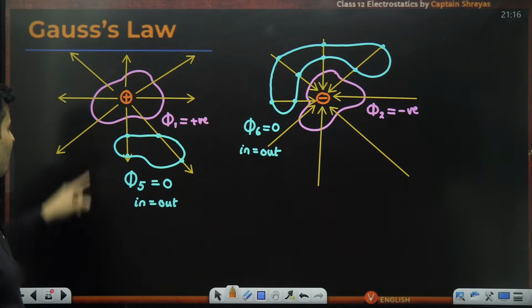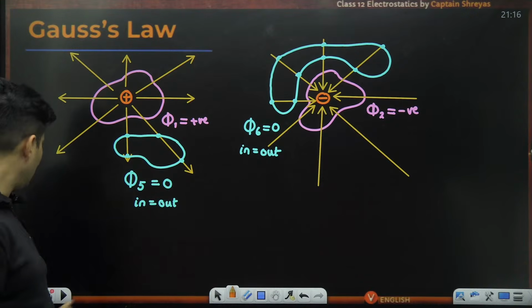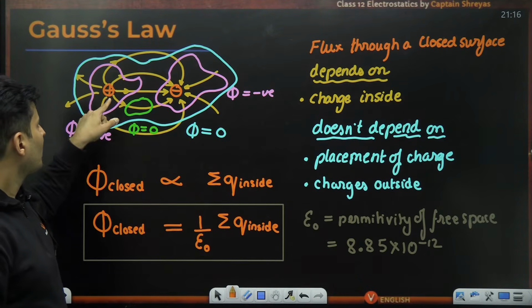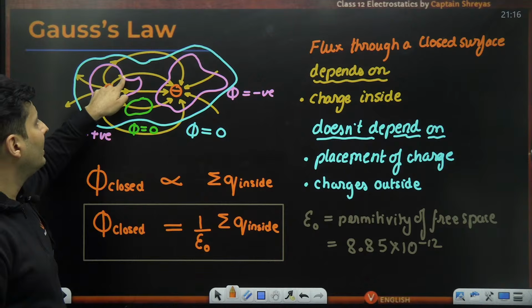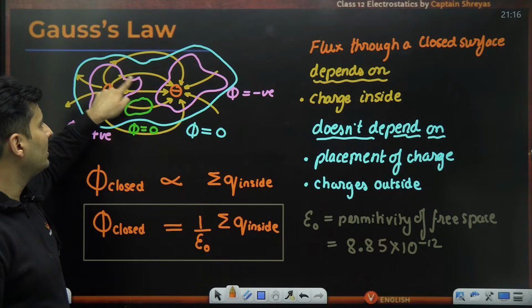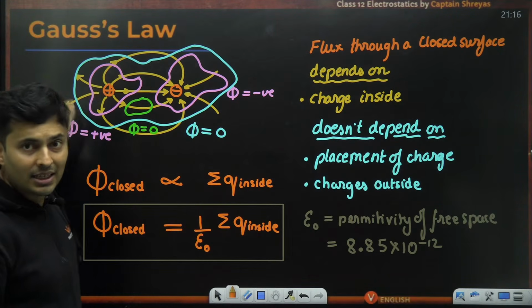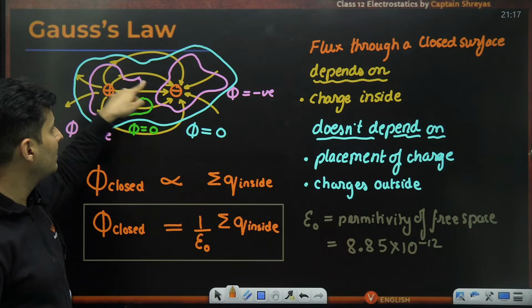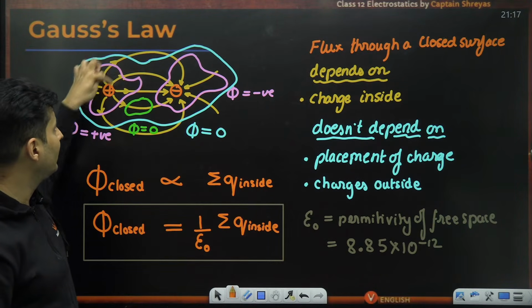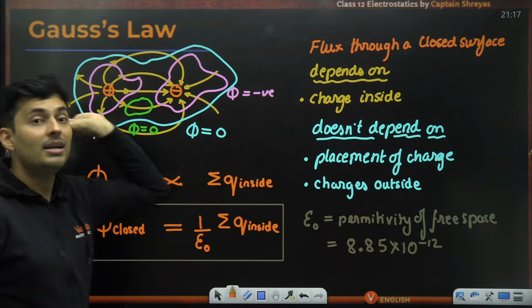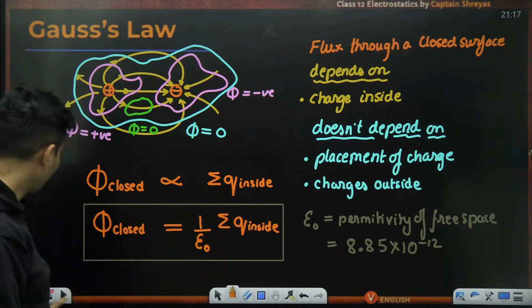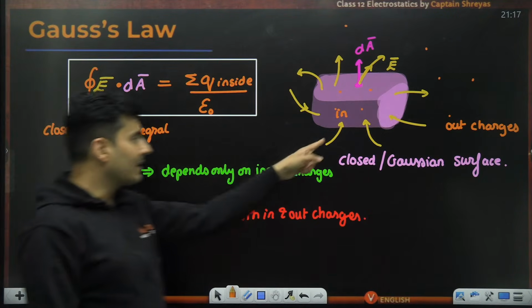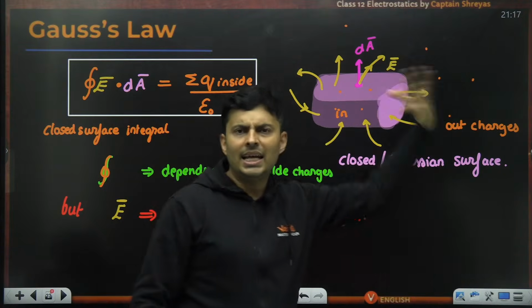Just look at this, take this example only. If you say the electric field at this point, it is because of the positive charge and the negative charge both. It is the sum of both those electric fields. The positive charge is giving some electric field, the negative charge is giving the electric field. These field lines are the net electric field lines.